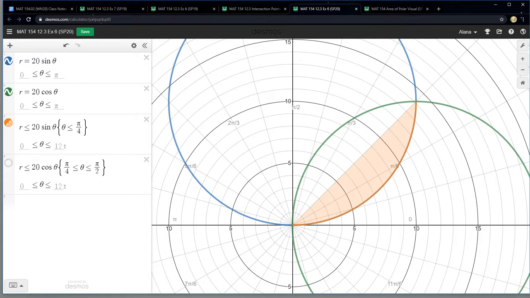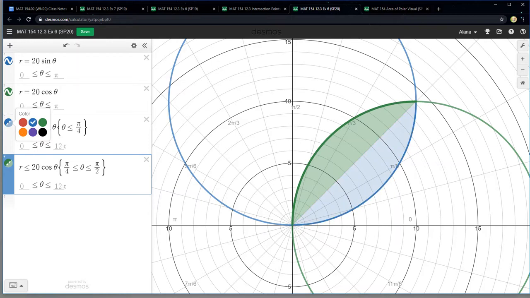It's just coming back. There are little sections coming back to the pole. And then the other portion is on the other side, and that's the 20 cosine of theta. There, only the green part matters. I could even color code it here. So for this portion, the green curve is all that matters. And for this portion, the blue curve is all that matters, as crazy as that might seem.